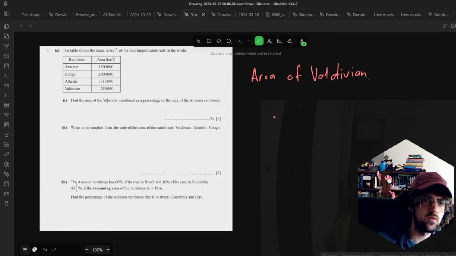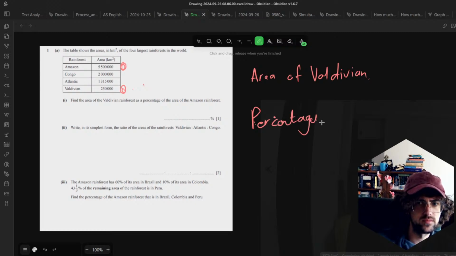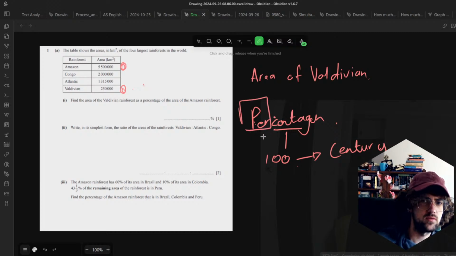Okay, so we want this as a percentage of this. Now when we work out percentage, what is percentage? Cent means 100, or like century. And per, as we know, is like kind of like parts.